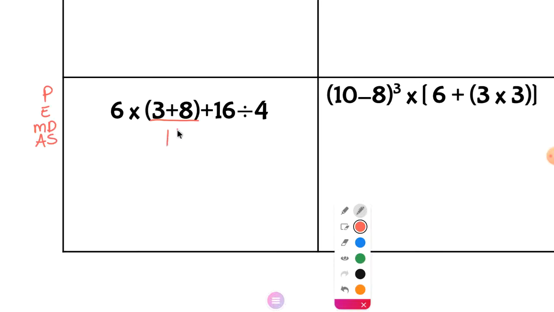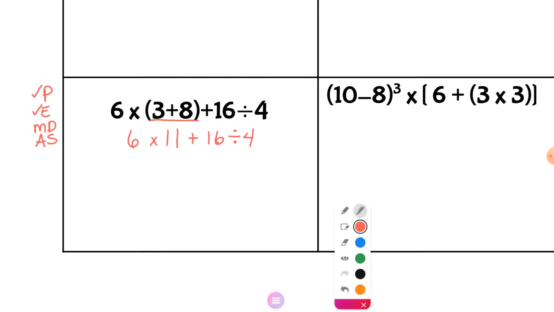So under my underline, I'm going to write 11 and then copy everything else down. And if it helps, after you write a problem, look at what operations you have. We have multiplication, addition, and division. So I'm done with my parentheses. I'm done with my exponents. I'm to multiply and divide.